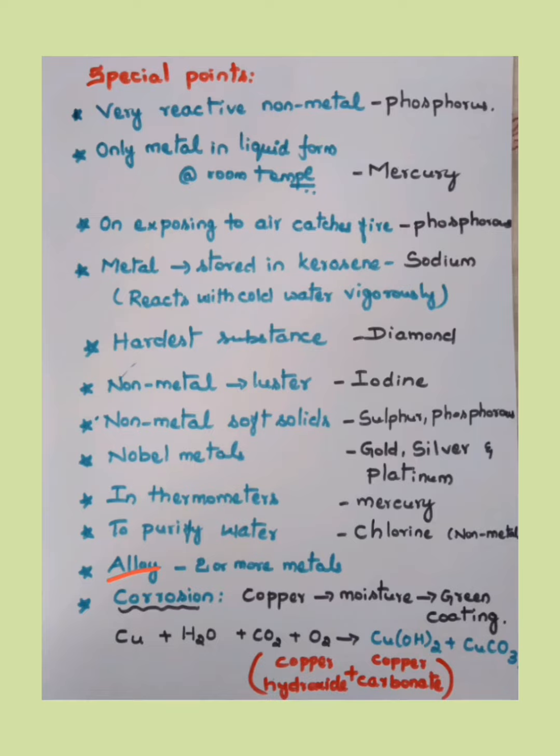For example, an alloy of iron, chromium and nickel. I have not written the explanation. Please just remember, an alloy of iron, chromium and nickel is used to make stainless steel. These utensils are used in surgical instruments and some decorative items also, so that they do not get rusted.